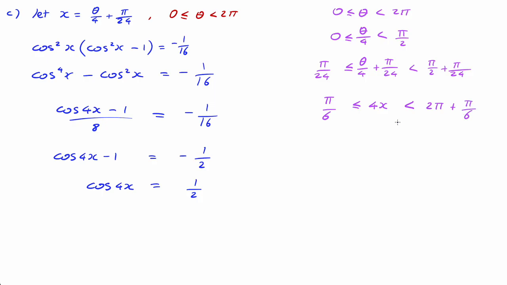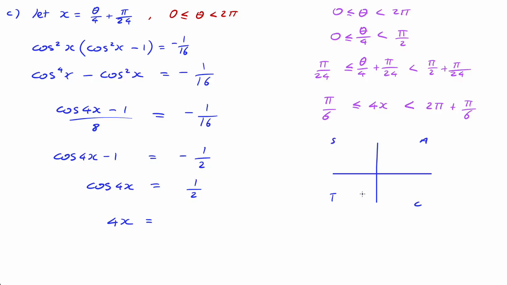Okay, so this is my range for 4x. Down here, I'm going to now solve this. So if cos of 4x is equal to a half, 4x is equal to, now I personally like it, guys, the CAST diagram, which I'm going to go over here and draw, CAST.